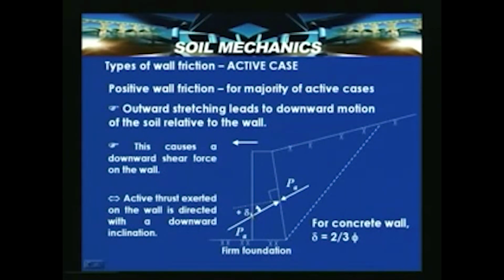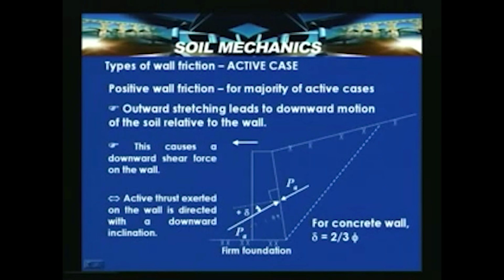Now this positive wall friction is indicated, and this is the plane perpendicular to the wall surface, so this angle is 90 degrees. The delta that the thrust makes with this surface is the direction of the thrust exerted by the wall onto the soil, that is PA.